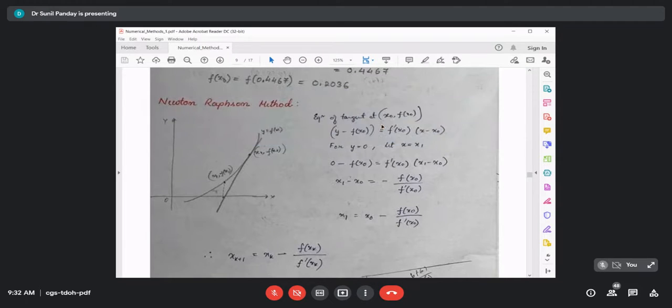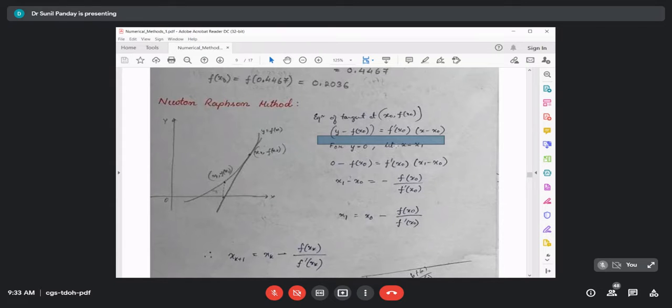So here you can see in the earlier methods there is no requirement of a derivative, like the secant, bisection and regula falsi methods. There is no requirement of the derivative of the function. But in this method there is a requirement of the derivative also. So this is the disadvantage of the Newton-Raphson method, because you have to calculate the derivative. Sometimes you have a function for which you are not able to find its derivative.